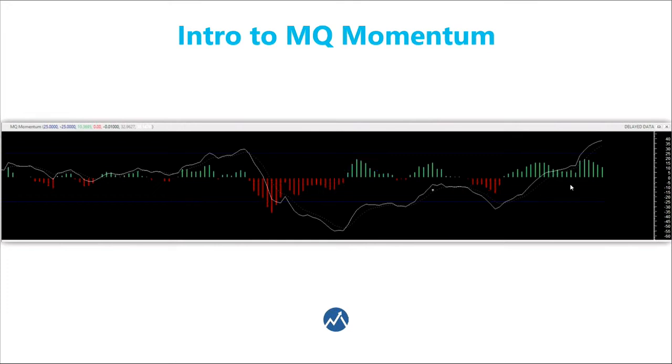So we could say, for example, the down move that took place over here had a lot more strength than the down move that took place right here, just like this up move had more strength than this up move. So we can determine whether the momentum behind each swing as the market moves is strengthening or weakening.